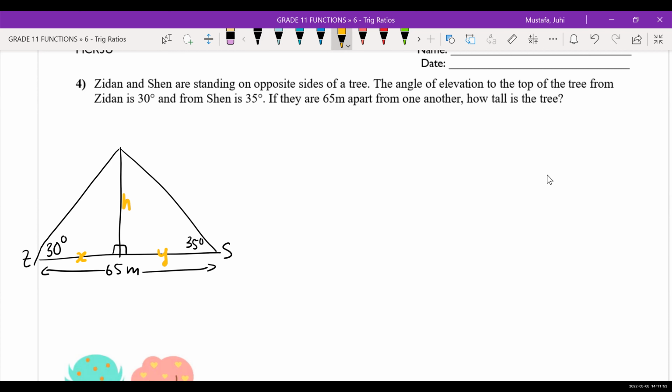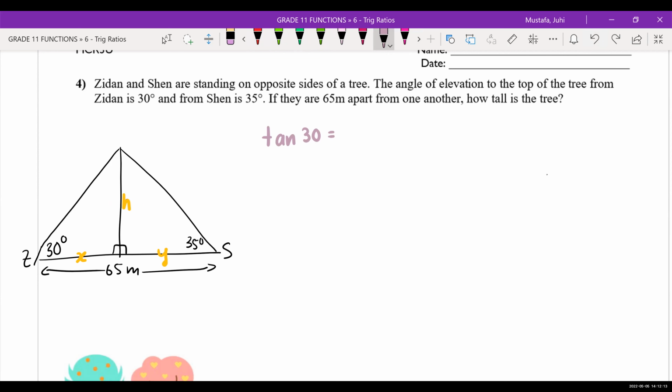The first thing I'm going to do is I'm going to look at one triangle and determine some sort of ratio for it. So if I look at the Zidane triangle, I'm going to write tan of 30 is equal to opposite over adjacent.